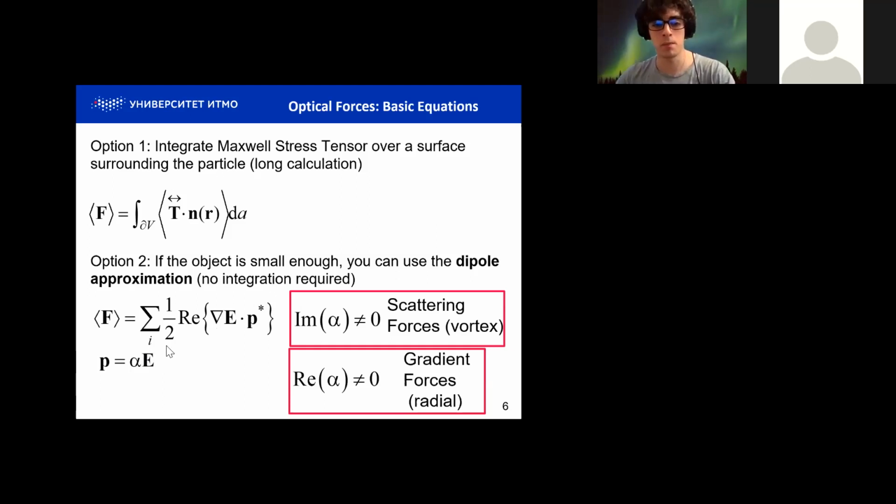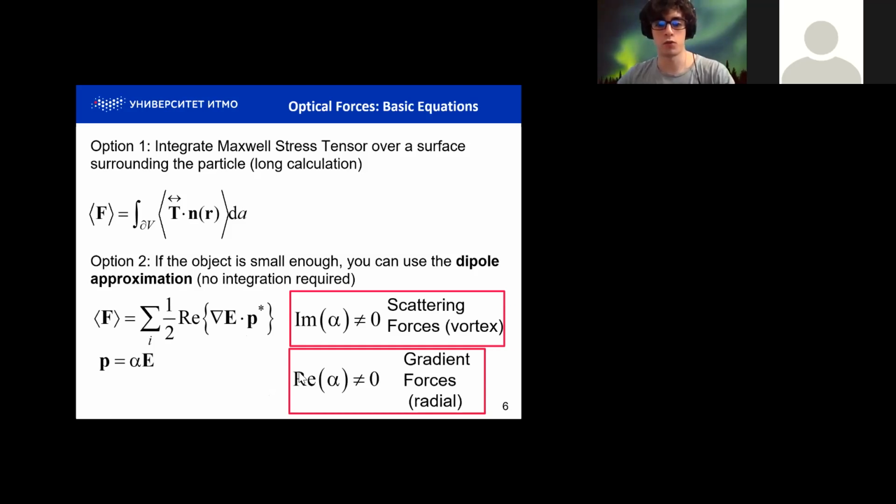So in general, these optical forces can be separated into two terms. One that is called gradient forces, and the second one scattering forces. Gradient forces in our case are not very interesting because they never lead to rotation, which is our motivation, actually, to generate rotation.